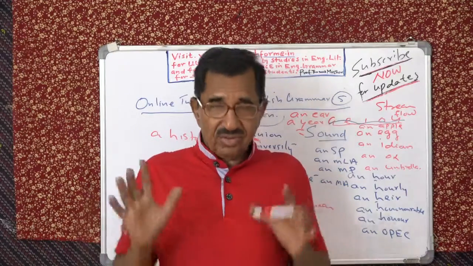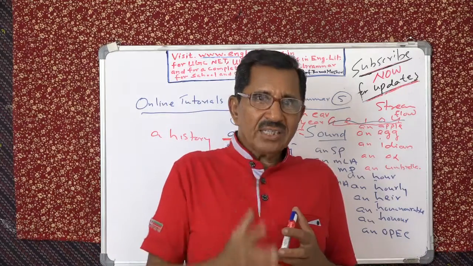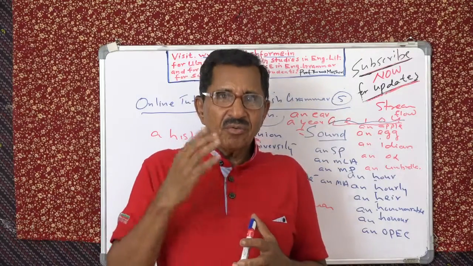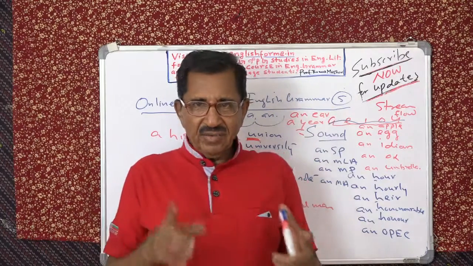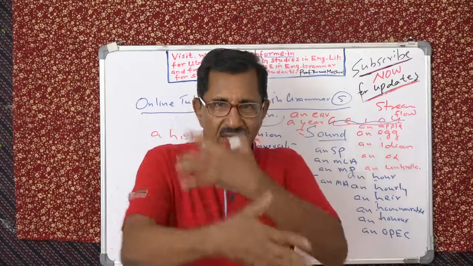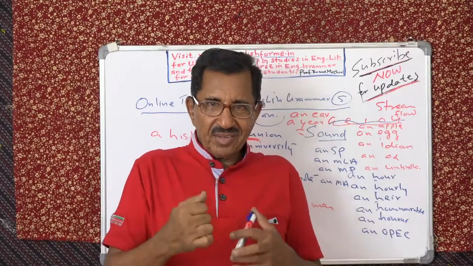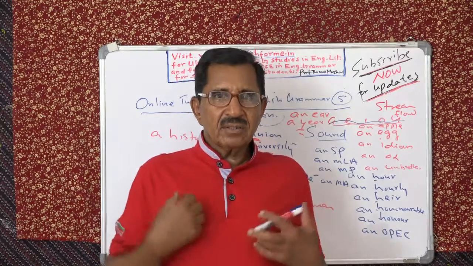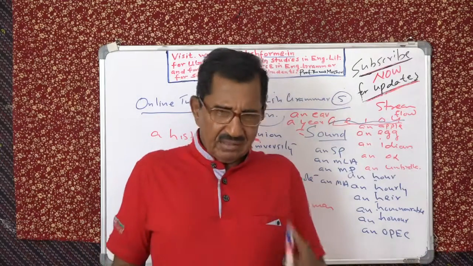A and an, both. But the difference is, you use a with words beginning with a consonant sound and use an with words beginning with a vowel sound. A vowel and a consonant, the difference is in vowels, airflow is free, no blocking, no closing, no preventing, nothing of this. But the other one, the consonant sound, a lot of problems are there.